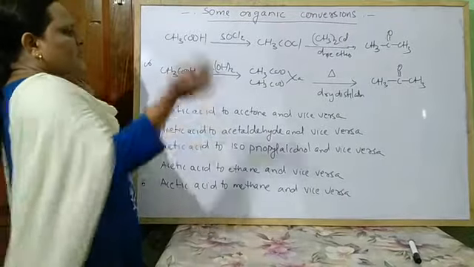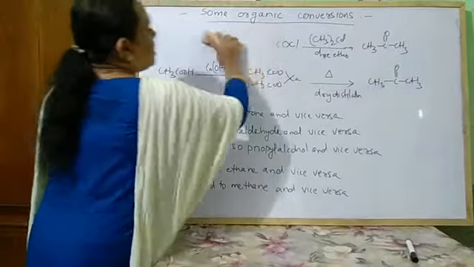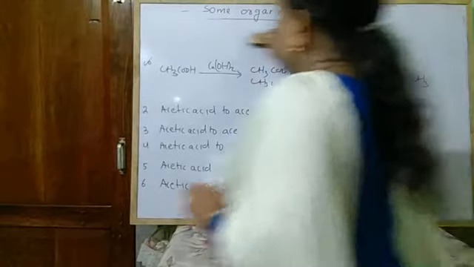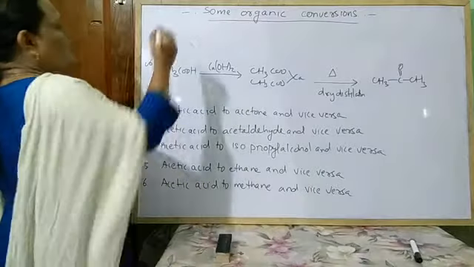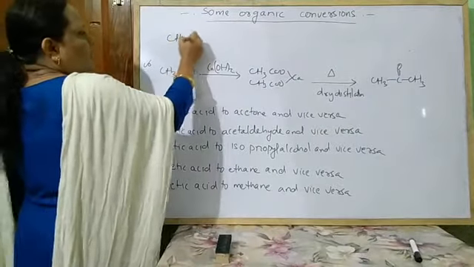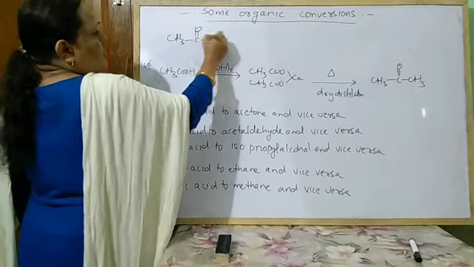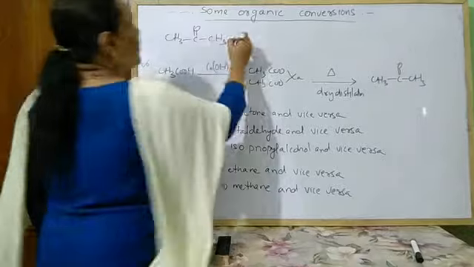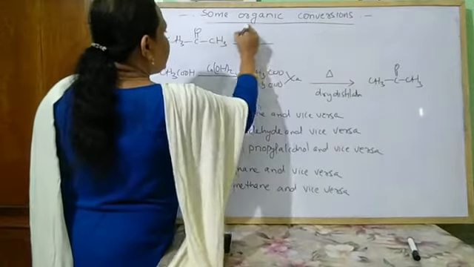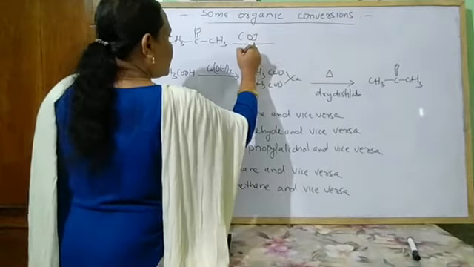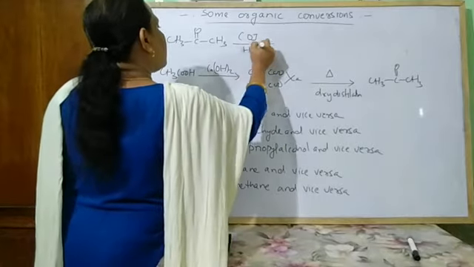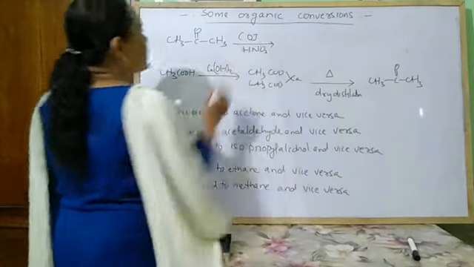The simplest method for preparation of acetone to acetic acid is only oxidation. When acetone undergoes oxidation, it forms... actually ketone does not undergo oxidation easily. However, if you use a strong oxidizing agent like nitric acid or acidified potassium dichromate, then it undergoes oxidation to form carboxylic acid.